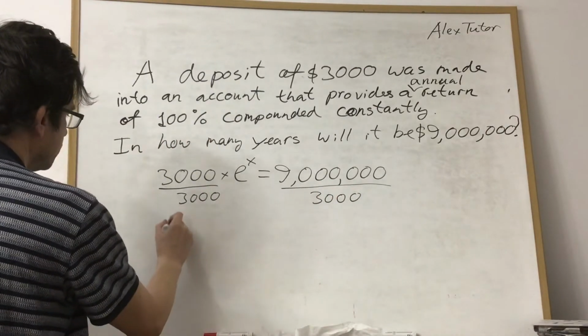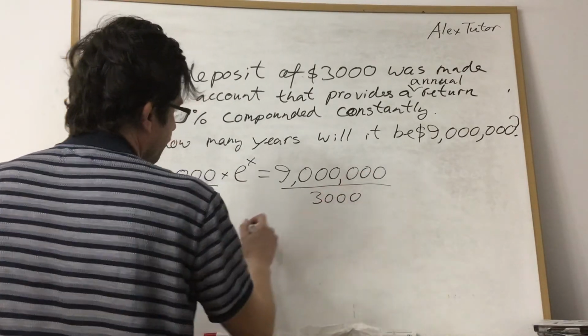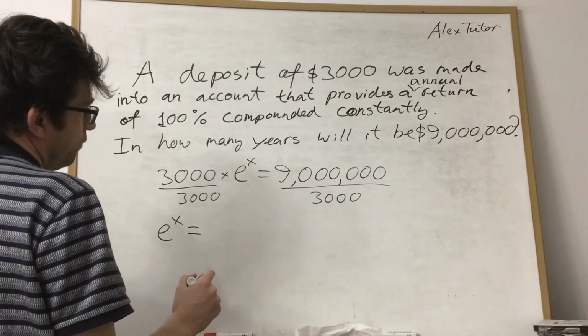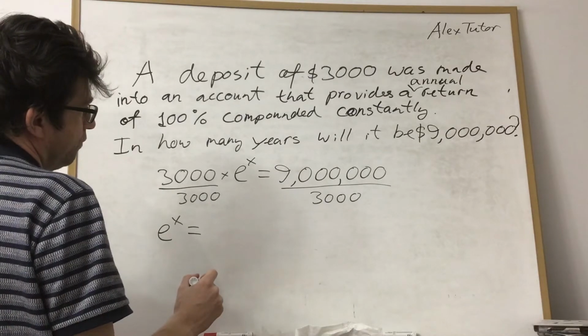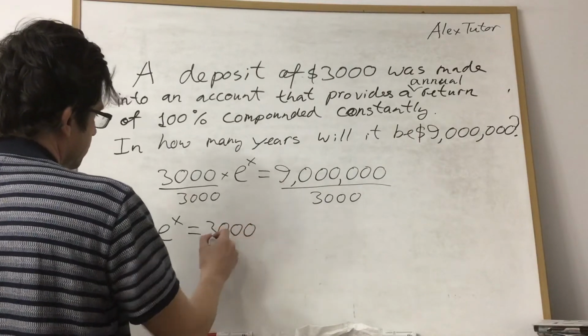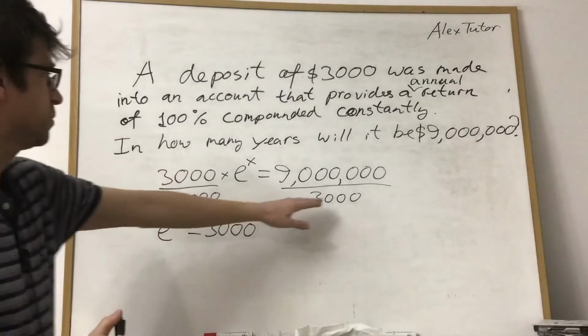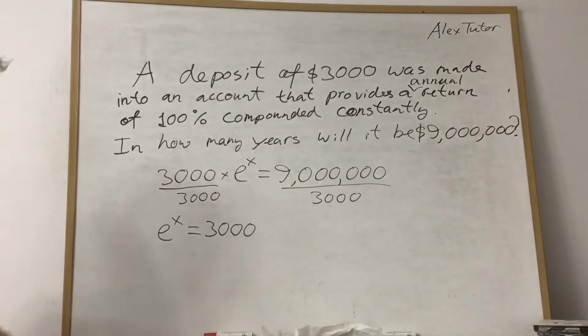So it's going to be e to the power of x equals 9 million divided by 3000, which is 3000, isn't it?